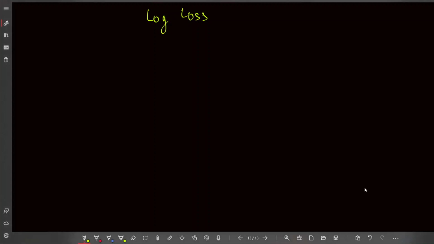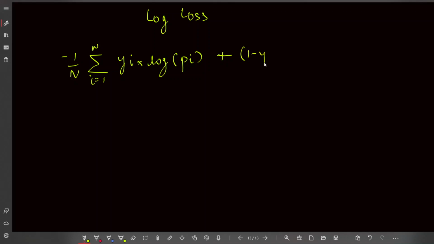Okay, so in this video, let's understand what the log loss is. Log loss is basically given by this formula. It's given by minus 1 by n, where n is your number of data points, summation i equals 1 to n, yi into log of pi plus 1 minus yi into log of 1 minus pi.